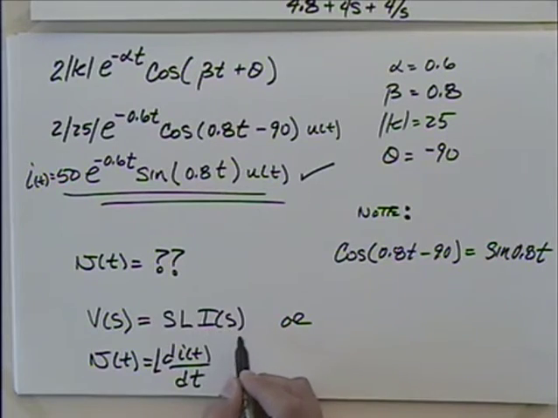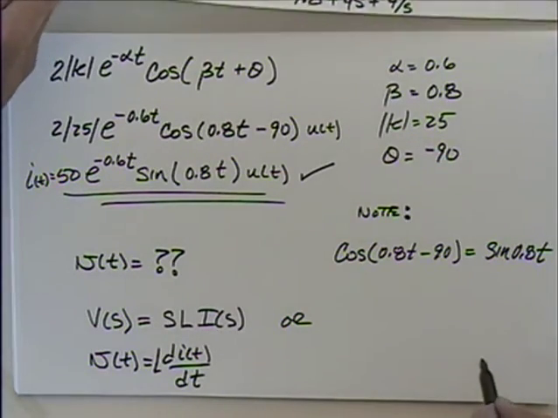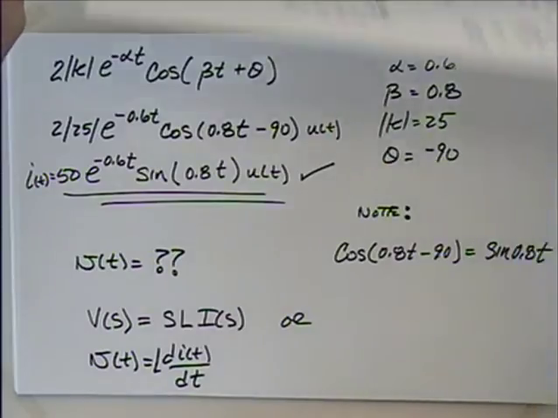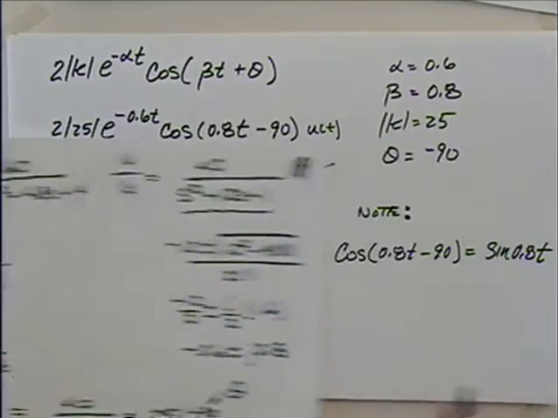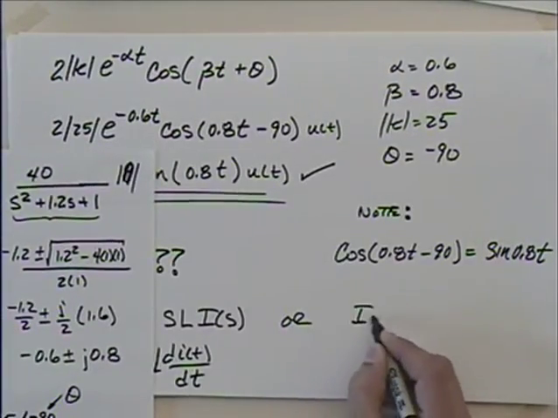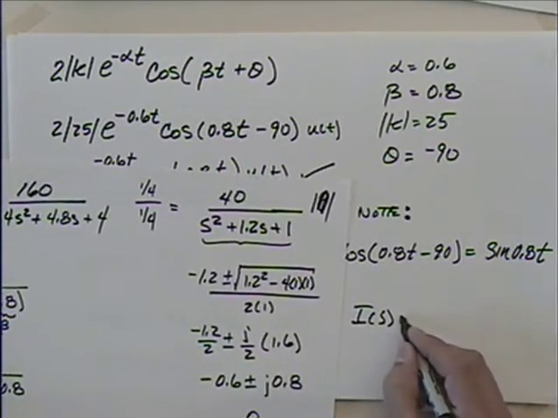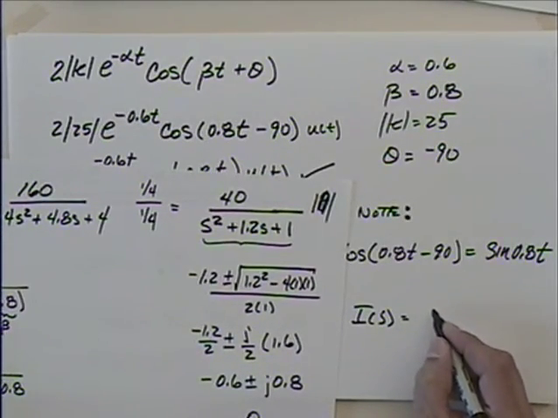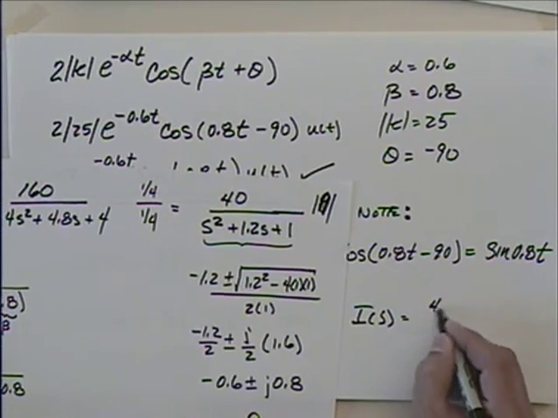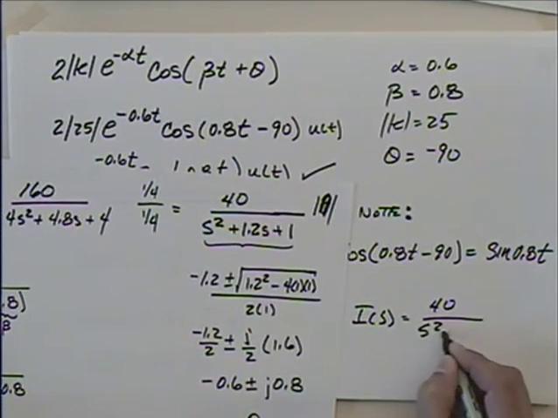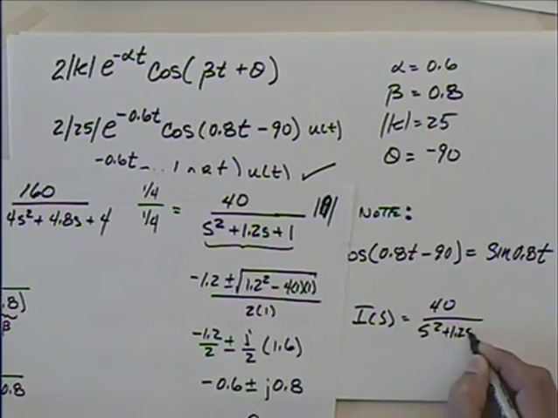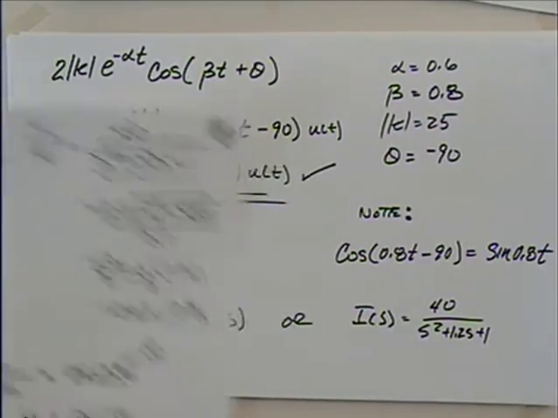Let's see, what is I of s? Do we have an expression for that? That was equal to, back here we could say that that was 40 divided by s squared plus 1.2s plus 1, right?